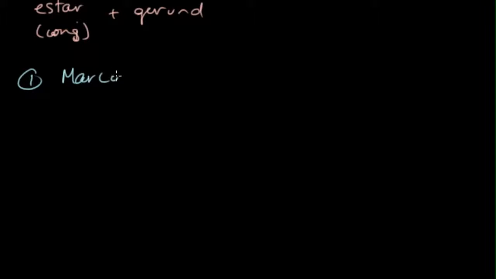Alright, here are some examples for you to try. Remember, it's estar conjugated plus gerund. Okay, example number 1. Margot y Carlos, and right now they are washing the dishes.